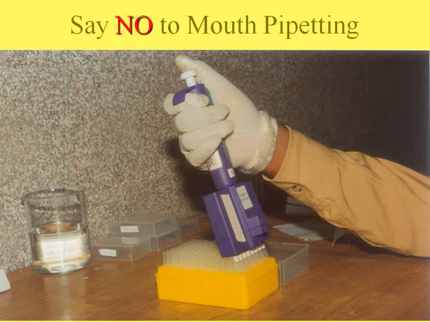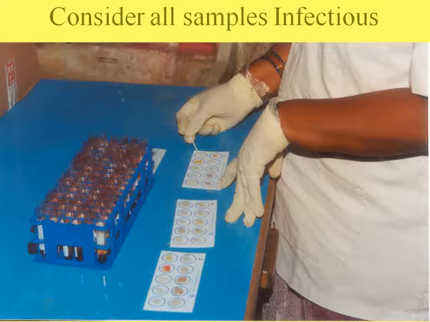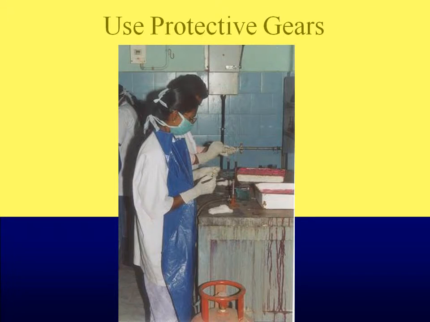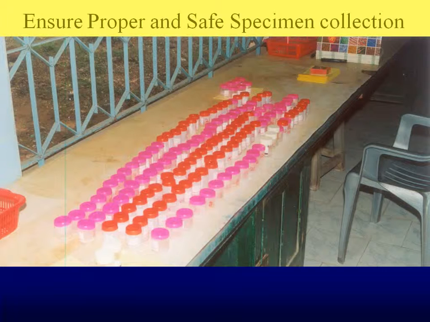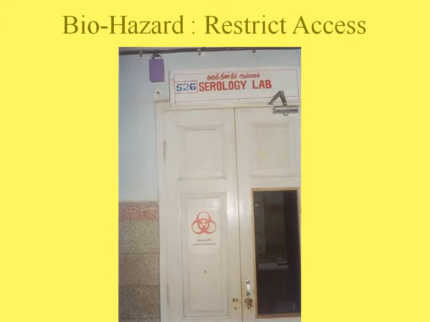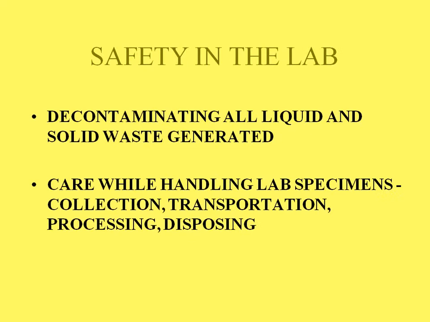Now I haven't seen it in many days, but people used to do mouth pipetting, okay, blood and all that. Infected sample, protective gear. Now this one is using a lot of blood, like a Dracula face. Specimen selection and strict access, very important.